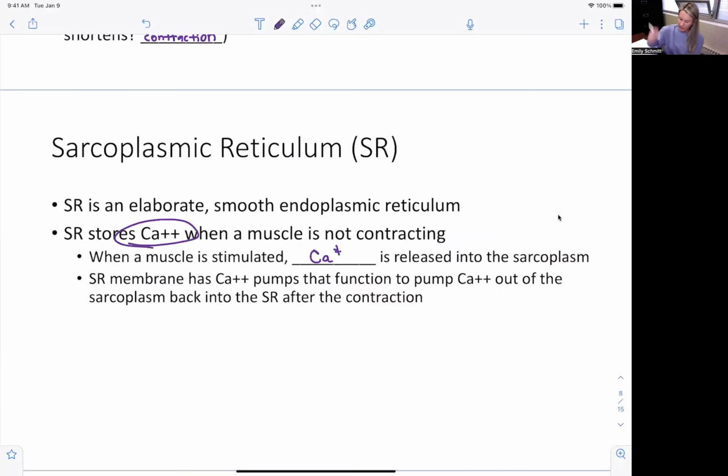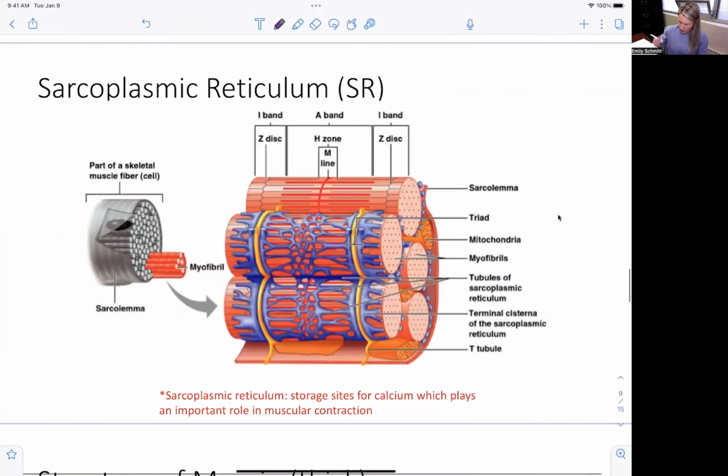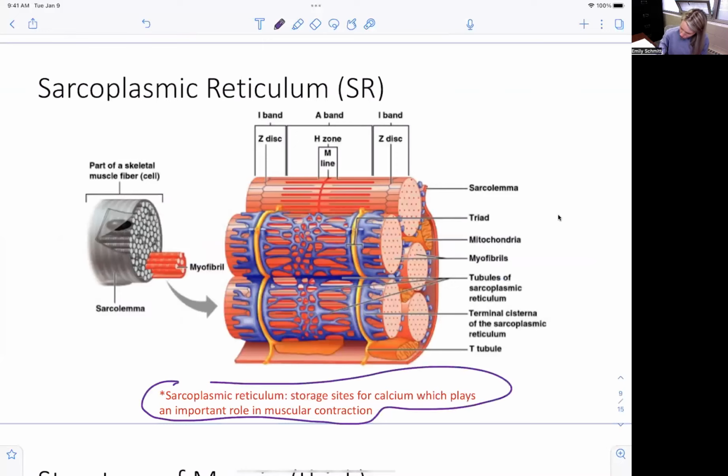And so this membrane has calcium pumps that function to pump calcium out of the sarcoplasm back into the sarcoplasmic reticulum after contraction. And so again, this is just that microscopic view showing that the sarcoplasmic reticulum are storage sites for calcium, which plays a huge role in muscle contraction that we'll talk about in the next module.